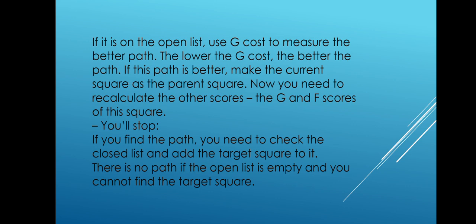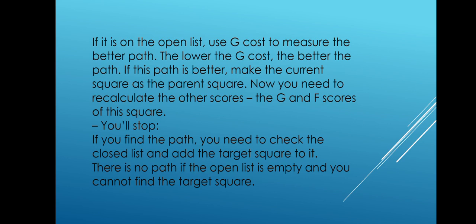If this is on the open list, use the g cost to measure the better path. The lower the g cost, the better the path. If this path is better, make the current square the parent square. Now you need to recalculate the other scores, the g and f scores of this square.